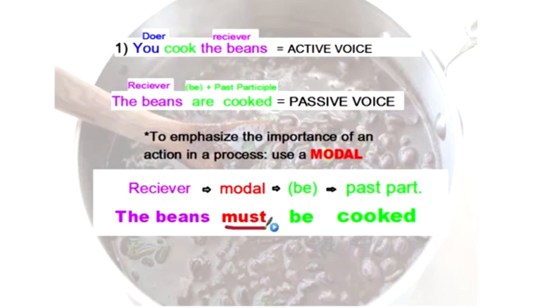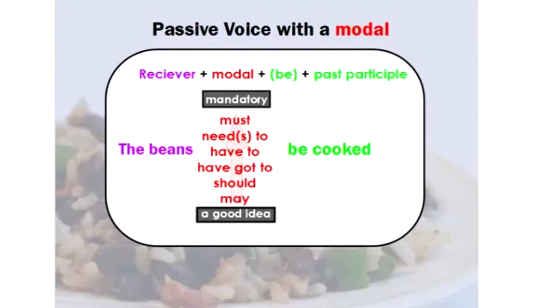So I'm using my modal must to emphasize the importance of the action, that cooking the beans is very necessary, and must is like an obligation, it's mandatory. Okay? So, let's look at some other modals that function the same way to emphasize the passive voice. For example, I have these mandatory verbs, for example, must and need or needs to, have to, and have got to.